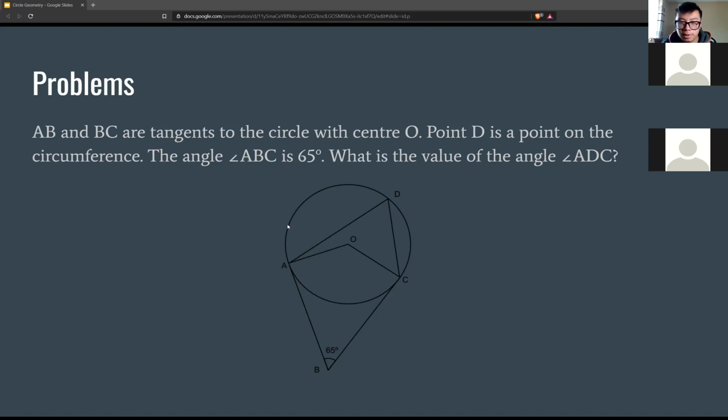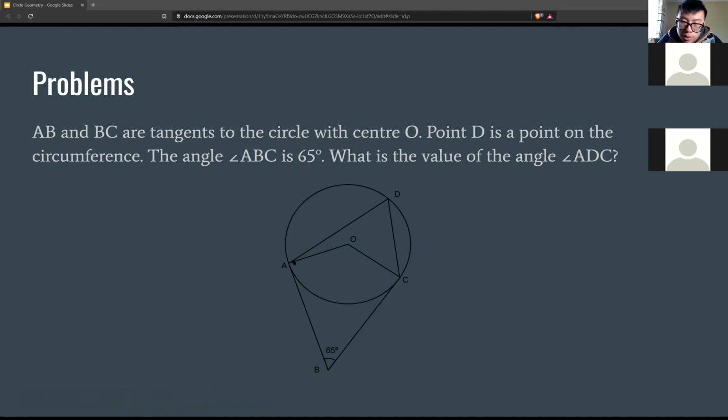I forgot about that. So basically how we find the answer, remember, ABCO is a quadrilateral, and that means its interior angles add up to 360 degrees. So here we have 65 degrees. But then we can also use the tangent line property that tangent lines are perpendicular to the radius. So BC and AB are perpendicular to OC and OA. So we have some 90-degree angles right here.